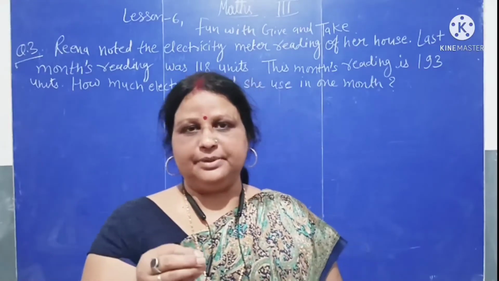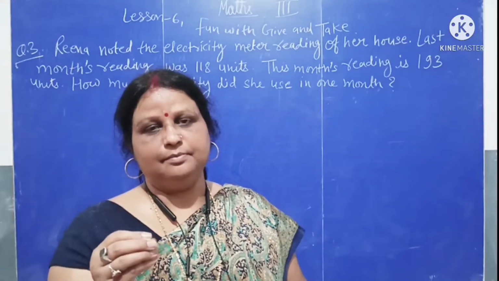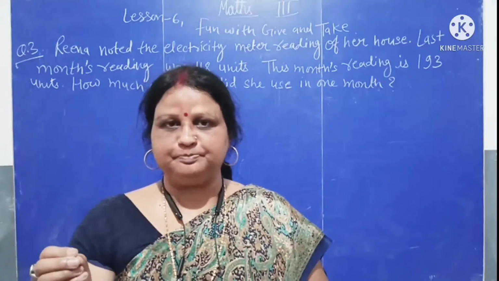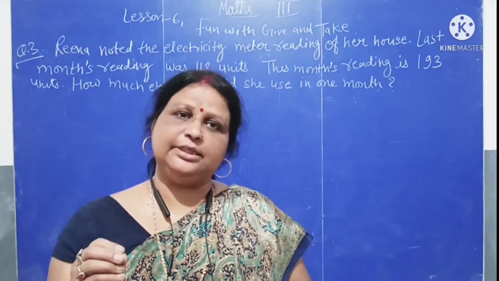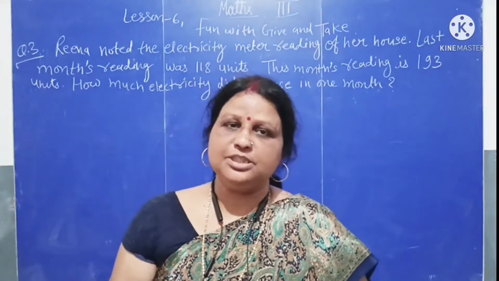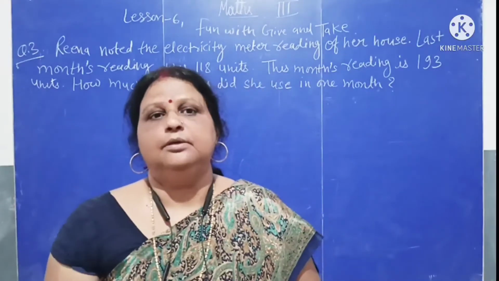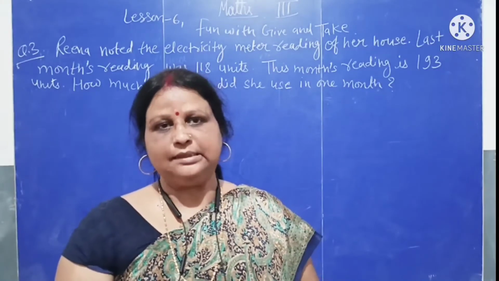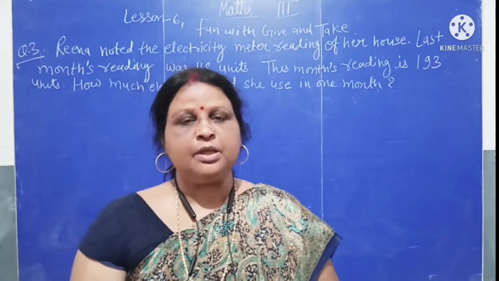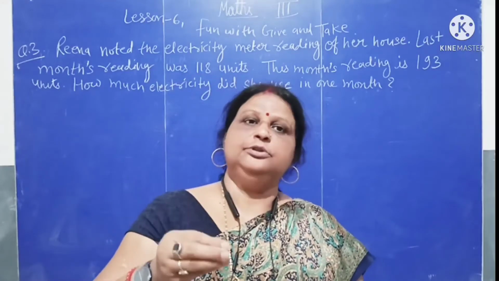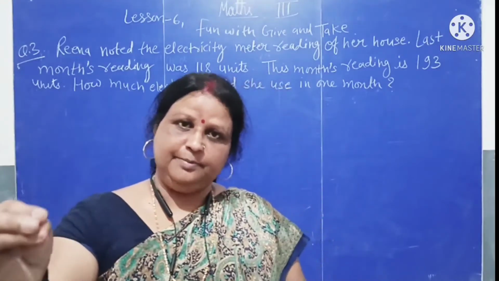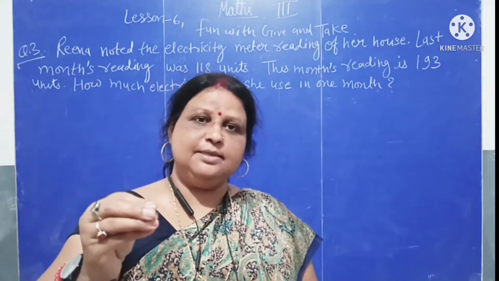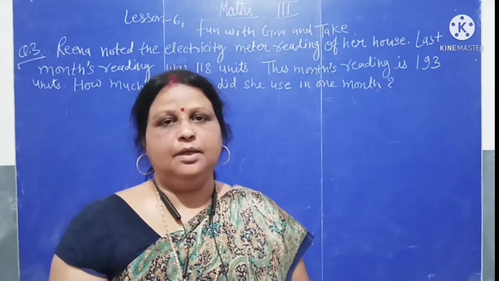We will subtract 20 rupees from 50 rupees. 50 minus 20 is 30, so 30 rupees is left with you.